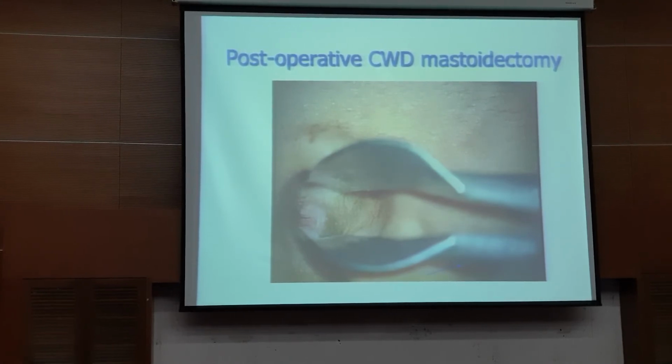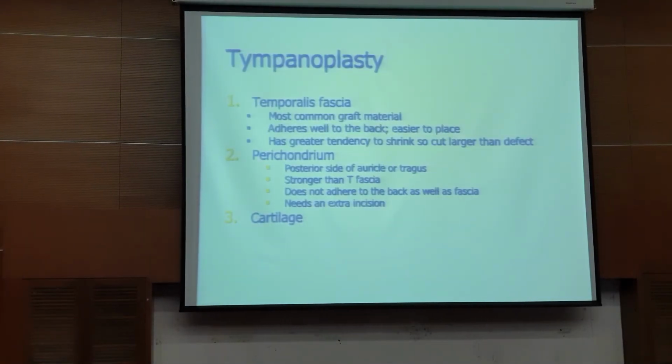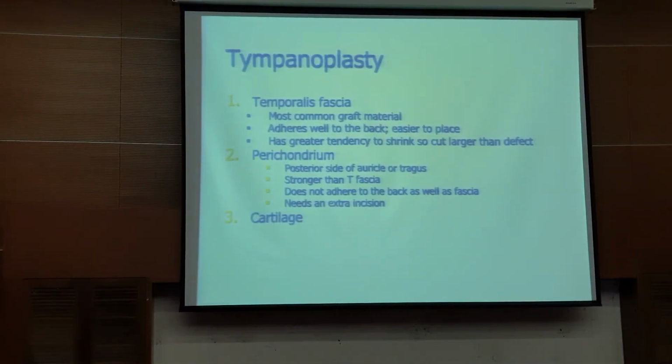the common exam questions. Okay, tympanoplasty, straightforward. Either you want to do an autograft, or you want to have a graft from other sources, such as amniotic, you want to take from other materials, but I prefer a temporalis fascia graft.